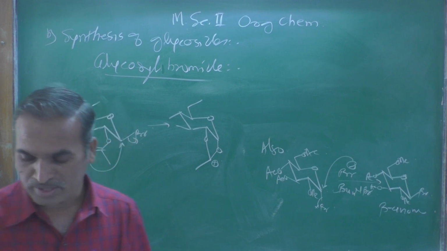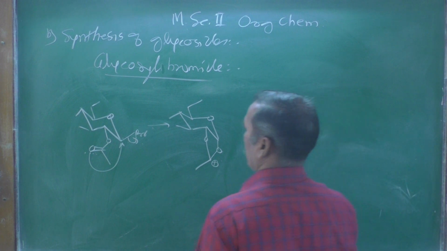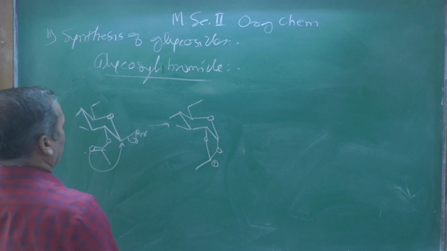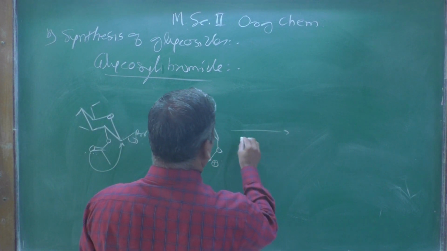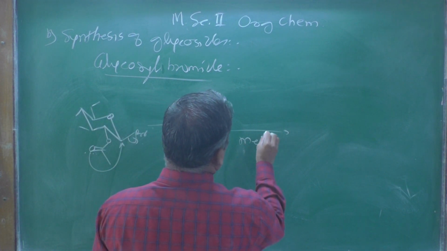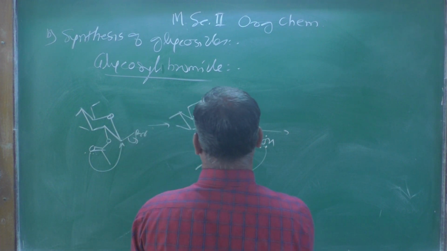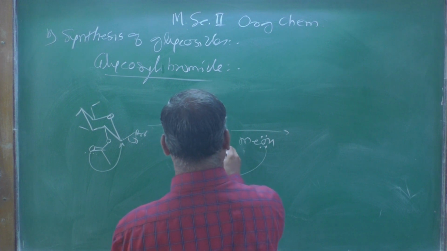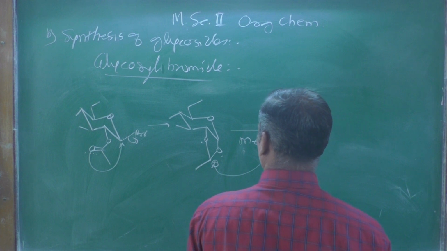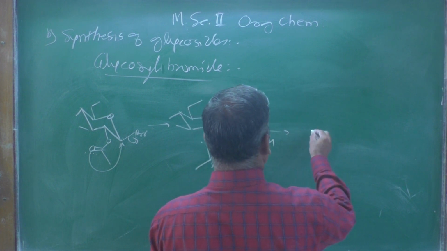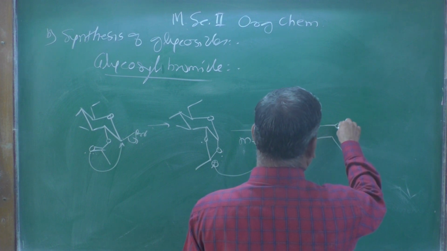And now, as we know, the beta anomer reacts with that acetyl group, and they can form this type of ring, and now it will be treated with methanol. Methanol is going to attack at this position, at the carbocation, because that carbocation is well stabilized due to the lone pair present on the oxygen atom, and therefore you are going to get the product over here.